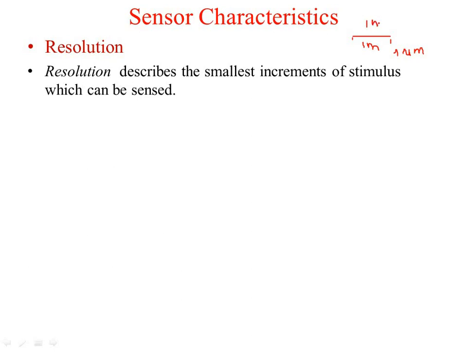So you can calculate. I can get 1,000 steps for 1 millimeter, and similarly I can check more than that for 1 micrometer. This is how I can proceed, and this smallest increment of stimulus that I can measure is called the resolution.